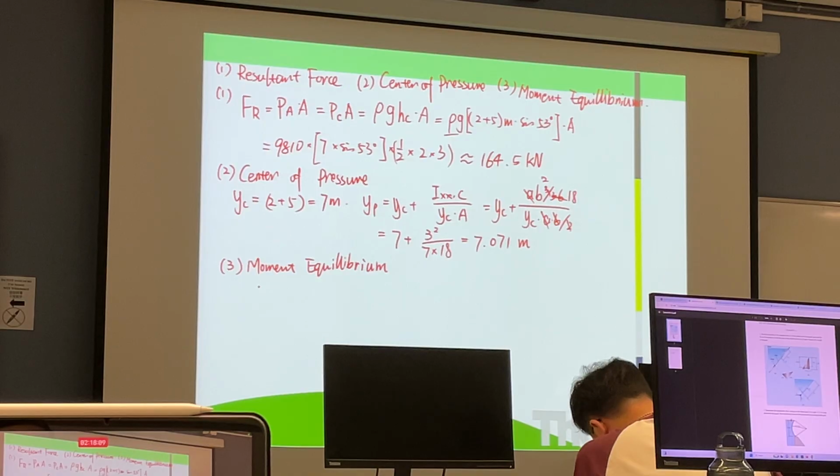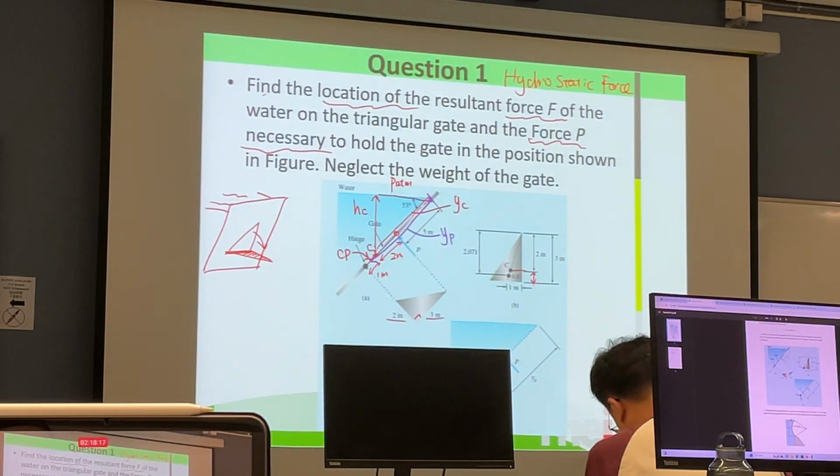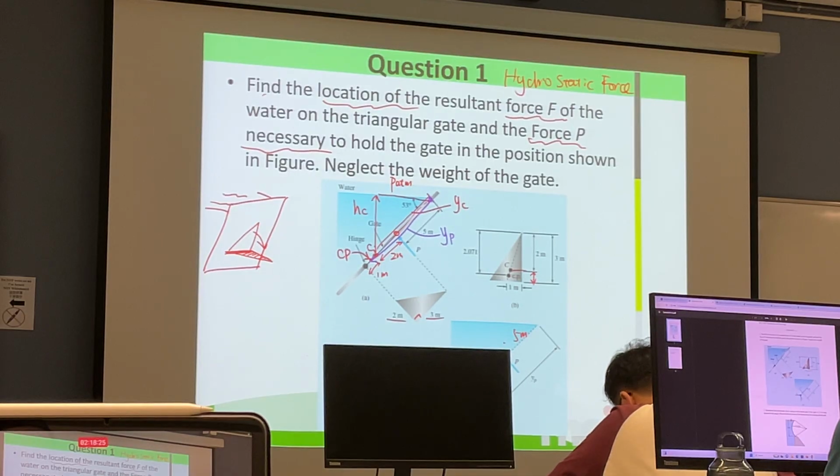Now, moment equilibrium, we can see from this figure. The solid line indicates the gate's location. This distance is 5 meter, and YP is 7.071 meter. So this part is 2.071 meter.